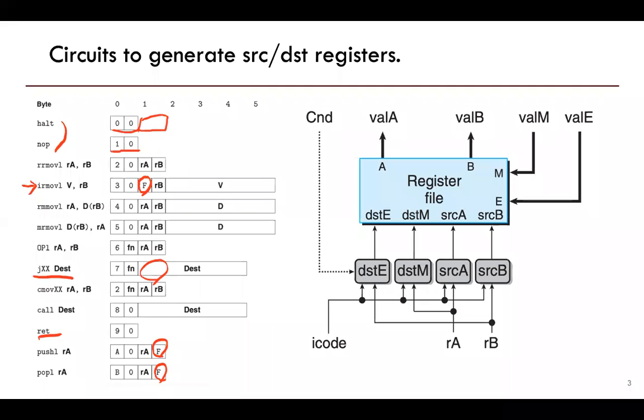In general, for these four gray boxes, what they do is take icode and register ID.